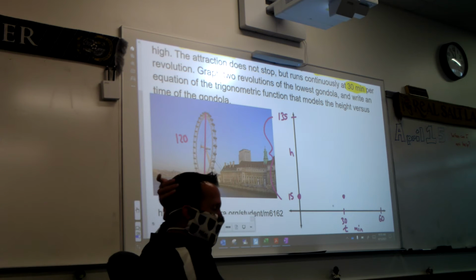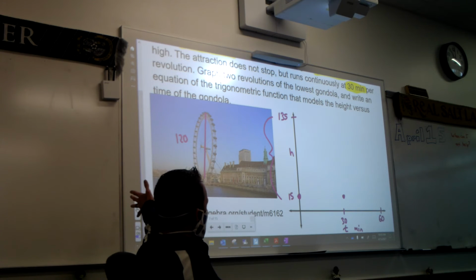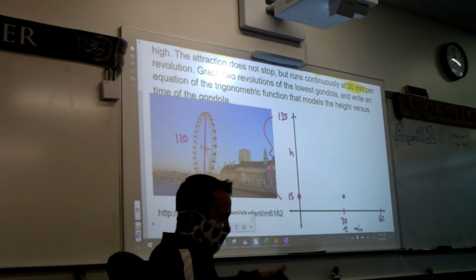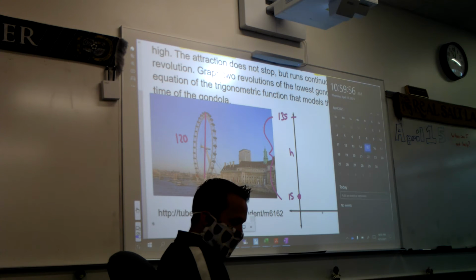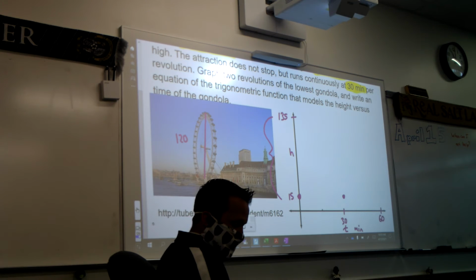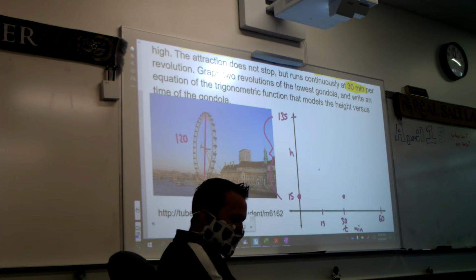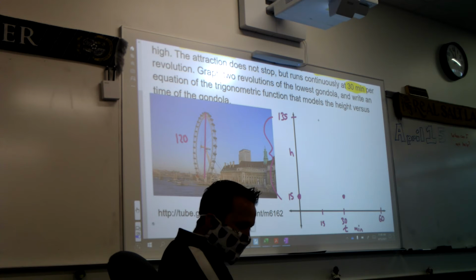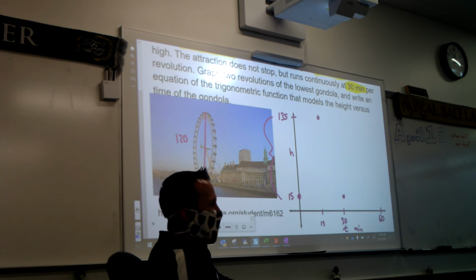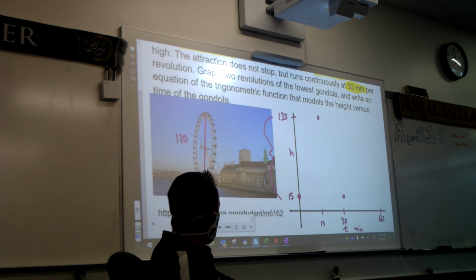Now, let's look at this first ride. If it's 30 minutes total, at what time are you at the highest point? Halfway. Half of 30, which is 15. So at 15 minutes, that's when you're at your highest point, which is 135. Okay, now when are you going to be halfway up, halfway down? Wait.